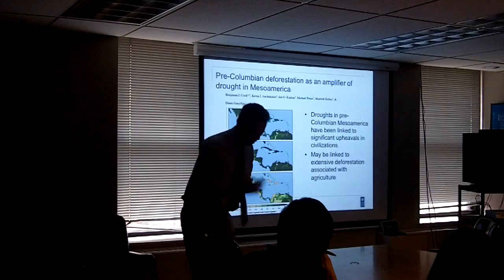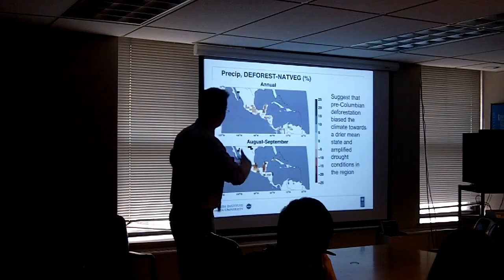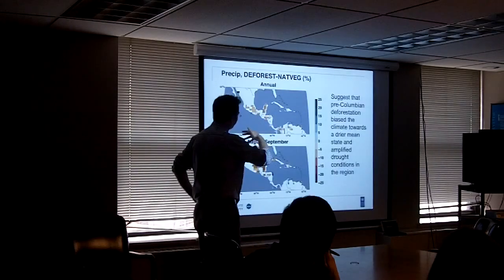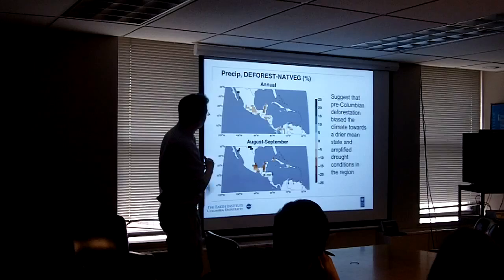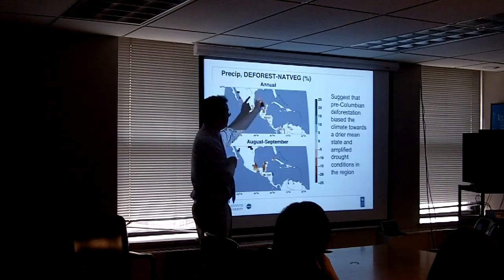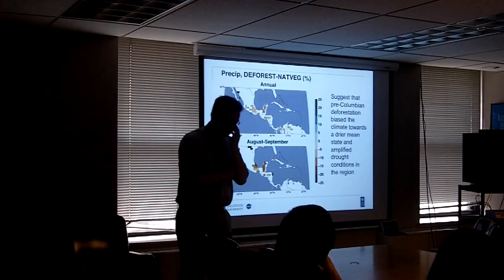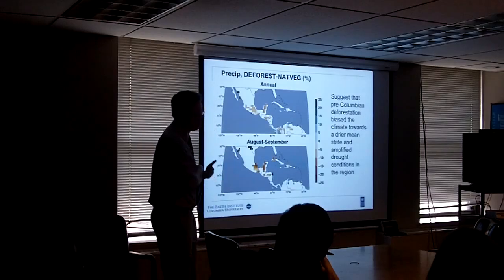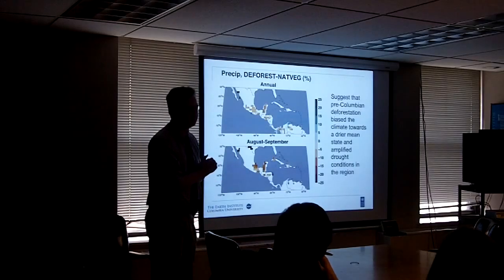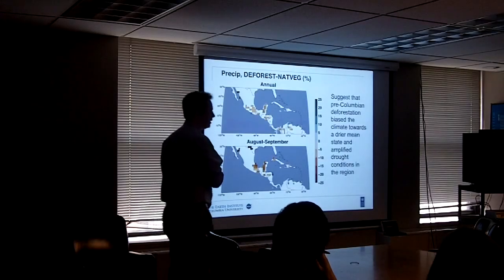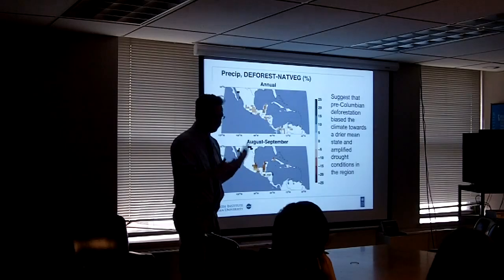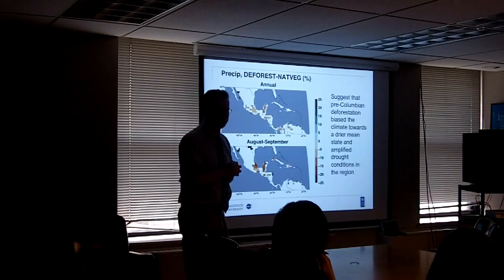I won't talk about this in detail, but because of the land cover change, if you look at the deforested compared to natural vegetation, we see decreases in precipitation over the Yucatan Peninsula. So that's another type of work that we're currently doing.